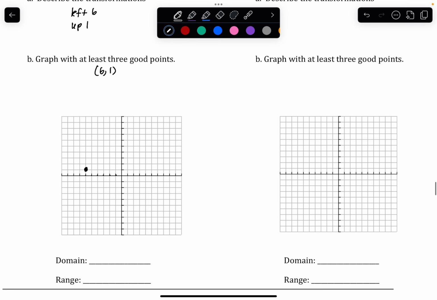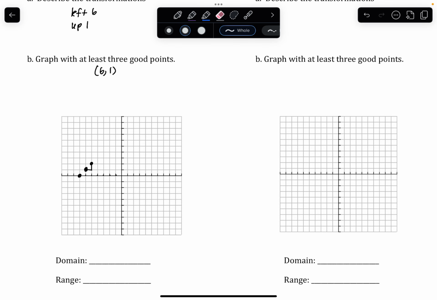Okay, and so because there's no stretch or compression, I still have the over 1, up 1 point. You can kind of create that line between the points on each side of the inflection, but then we go over 1, up 7. So 1, 2, 3, 4, 5, 6, 7. Same pattern as the parent. So up to the right, and then over 1, down 1, 2, 3, 4, 5, 6, 7.